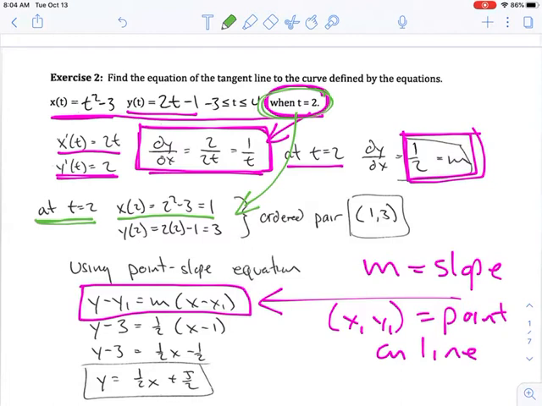Then we substitute the parameter into y. y of 2 is 2 times 2 minus 1, which is 3. So when t is equal to 2, x is equal to 1 and y is equal to 3. I'm going to write that as an ordered pair. That ordered pair then becomes my x1, y1.